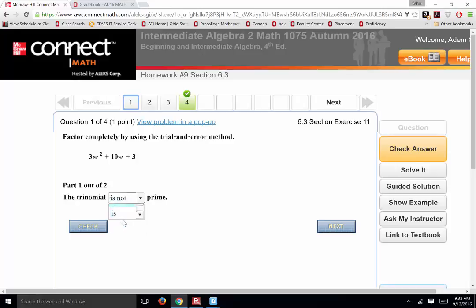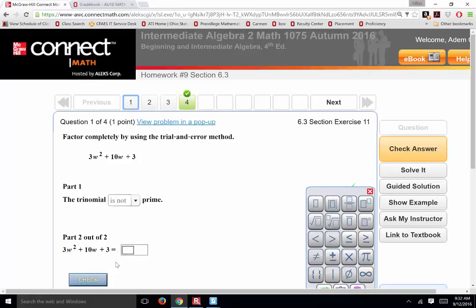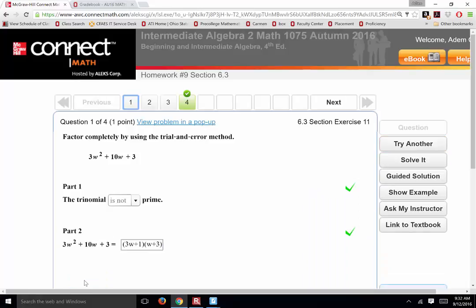Not prime means it's separable. We found one solution, it's separable. Check. And the separation was 3w plus, which one was the first? Order matters. 3, right? 1. The other one was w plus 3. Check. We're good.